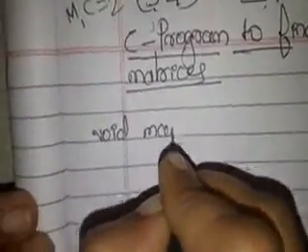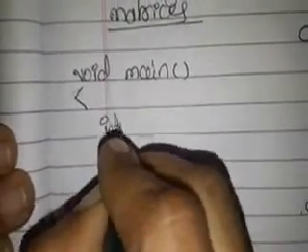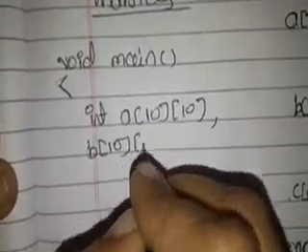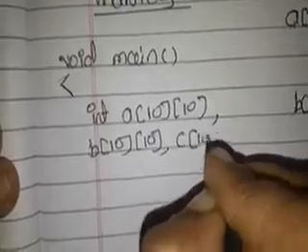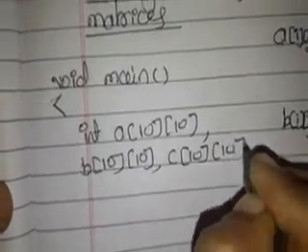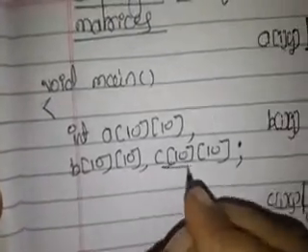How many arrays should I declare now? Before writing, you have to come to a decision. Obviously, I require 3 arrays. Agree with me or not? Definitely, because 2 are the input arrays and 1 more is the one holding the resultant of the addition. Here I am assuming C as the resultant matrix.